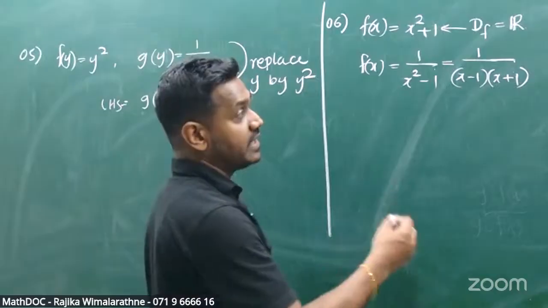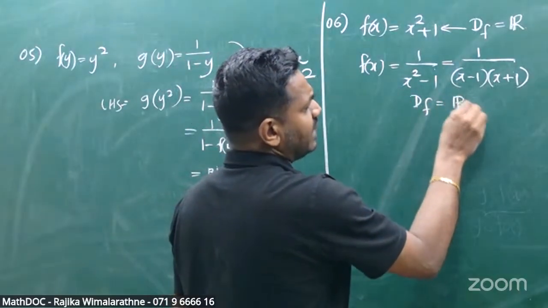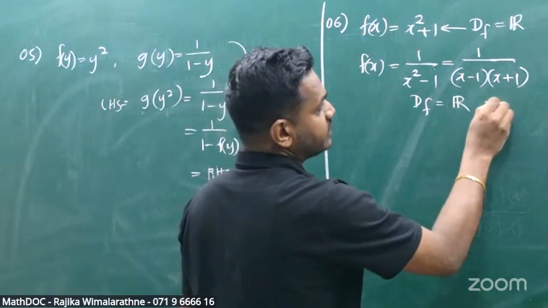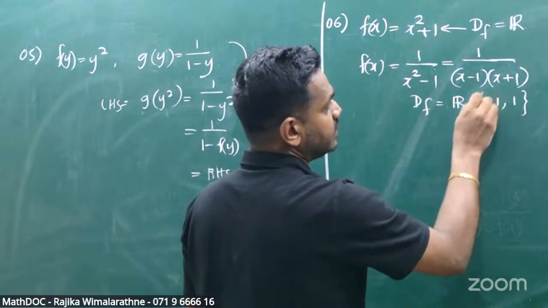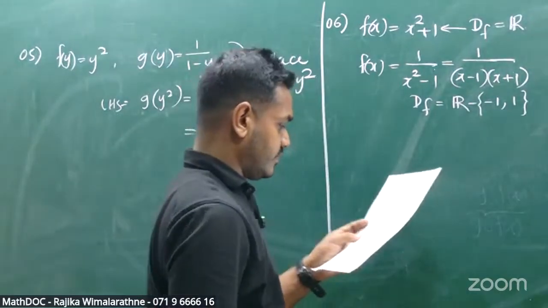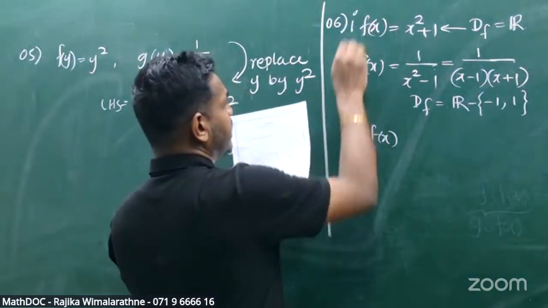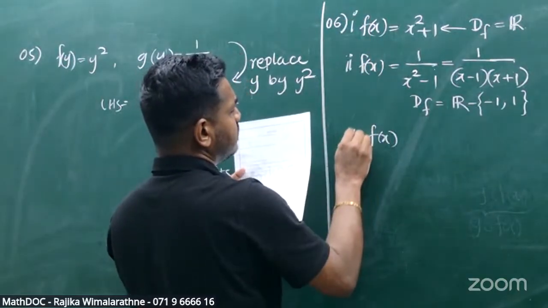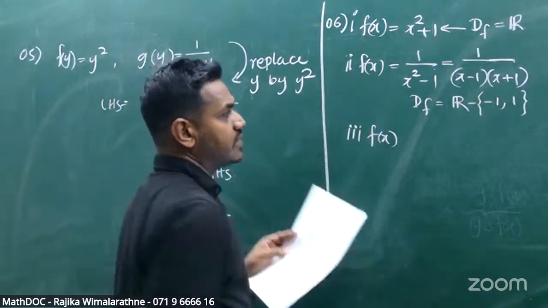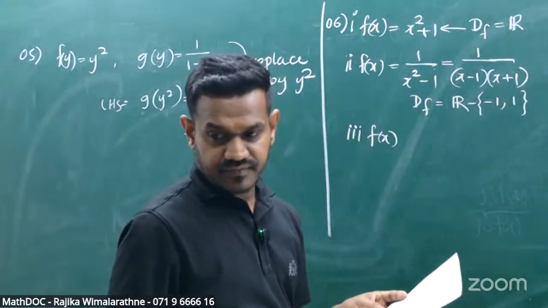Here the domain is the real values, removing the denominator zeros, minus 1 and 1. That is 2. Then 3. You check all the answers with me.